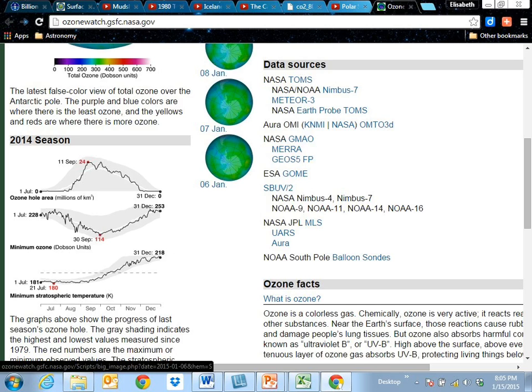Again, they show the size of the hole, and this is the minimum O3. So you want the hole to be small, and you want the O3 to be as large as possible. It's not that bad. Any questions about that?